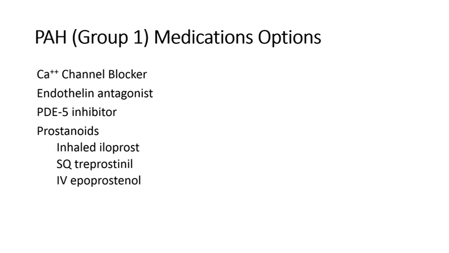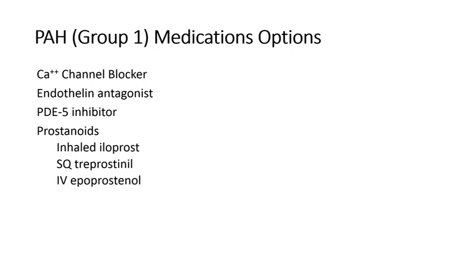The options are either calcium channel blockers as vasodilators, or endothelin antagonists. We know that endothelin is a very potent vasoconstrictor, so endothelin antagonists are vasodilators. So endothelin antagonists can be used to treat group 1 pulmonary arterial hypertension.